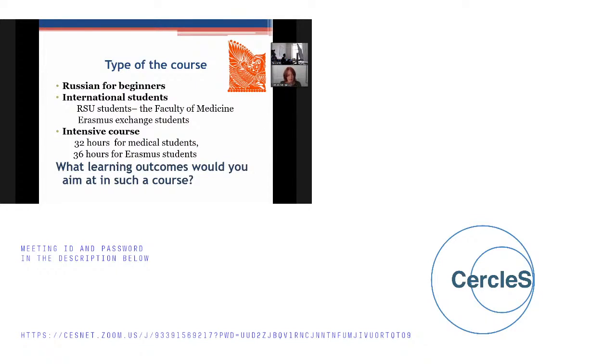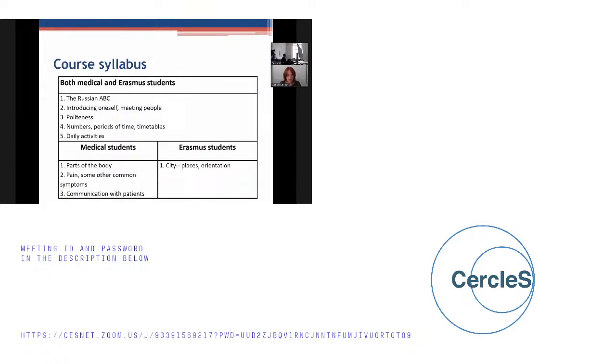So given these conditions, what would be the learning outcomes of the course? Let's have a look at the course syllabus. So we start with the Russian ABC, then we go on to speak about how to introduce oneself, meet people. Of course, we cover the polite phrases, numbers, periods of time, timetables, and daily activities.